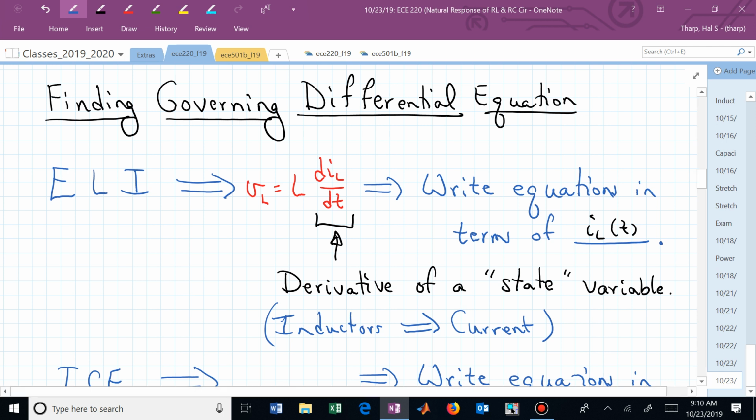And one thing to keep in mind is that the current of an inductor remains continuous.